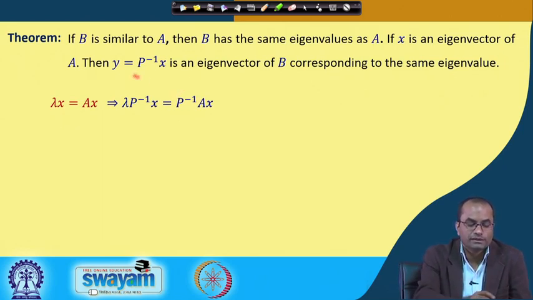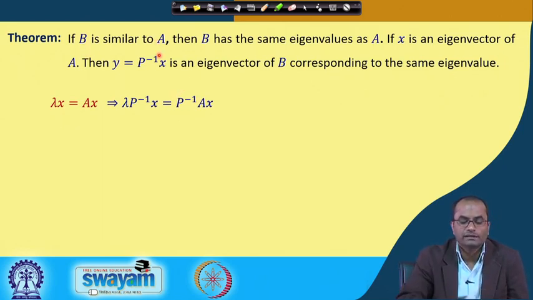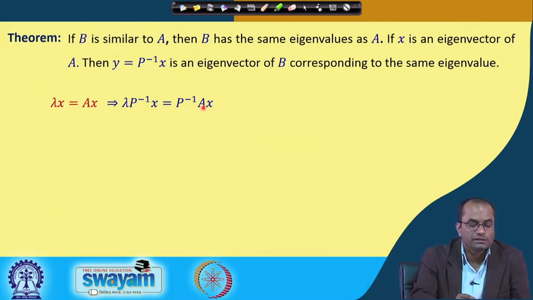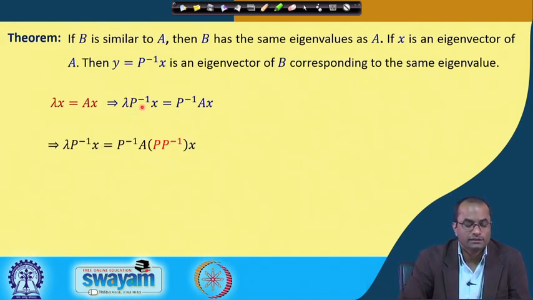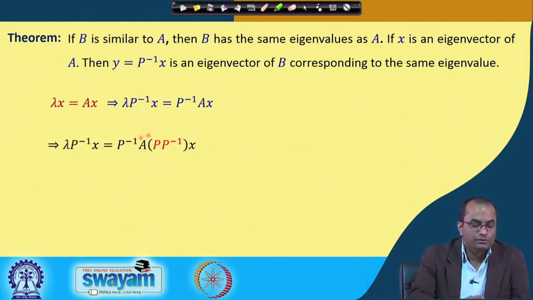P is the matrix we are talking about in the similarity. So, we have P inverse A x on one side, and here also P inverse. Lambda is a constant, so we have lambda P inverse x there. Then we have P inverse A, and again we introduce the identity matrix.